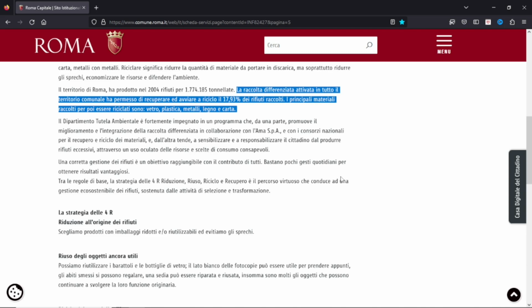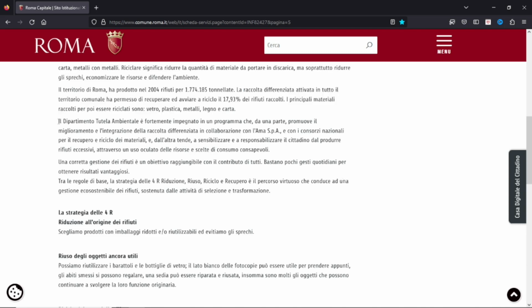The principal materials collected in order to be recycled are glass, plastic, metal, wood and cardboard.